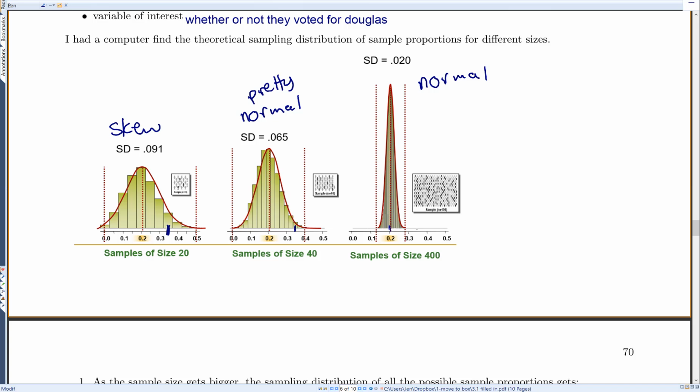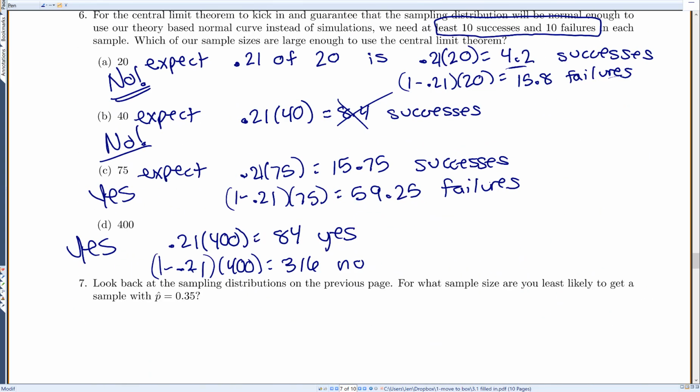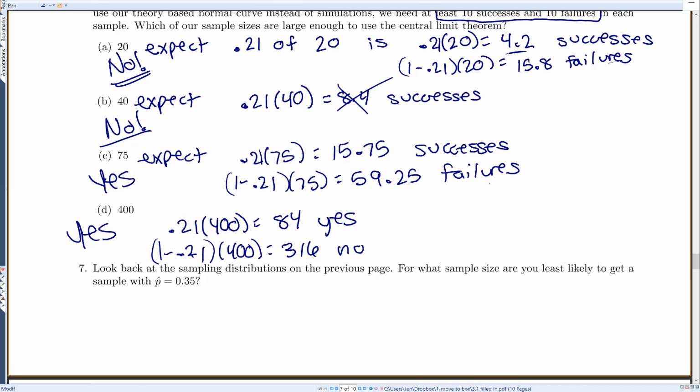But at a sample size of 400, it looks almost impossible, right? There's no other samples that went that far out. So least likely would be a sample size of 400.